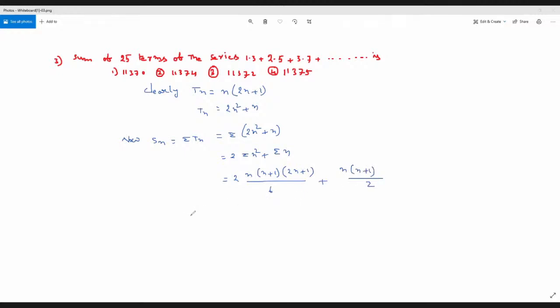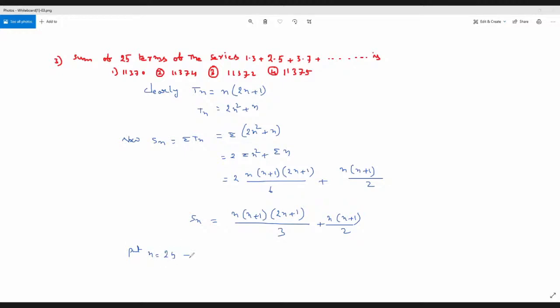So now Sn is equal to n into n plus 1 into 2n plus 1 by 3 plus n into n plus 1 by 2. It is a sum of n terms. But we need a sum of 25 terms. So instead of n, we have to substitute 25. Put n is equal to 25.